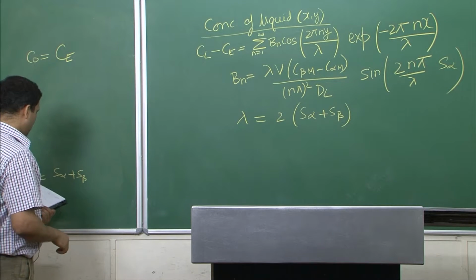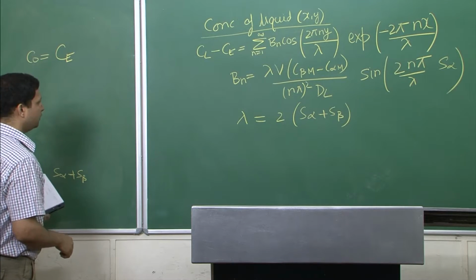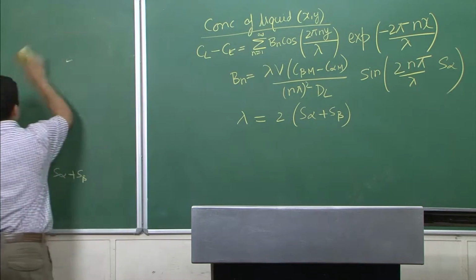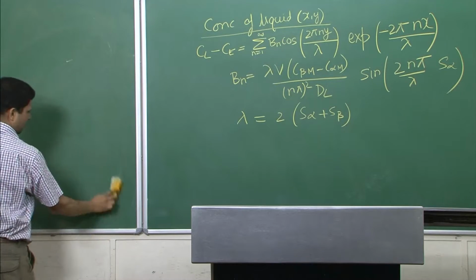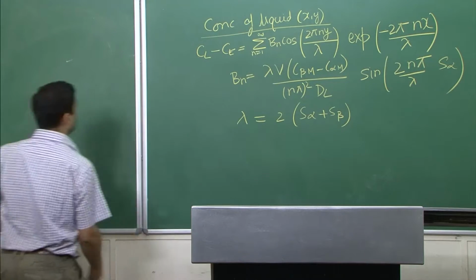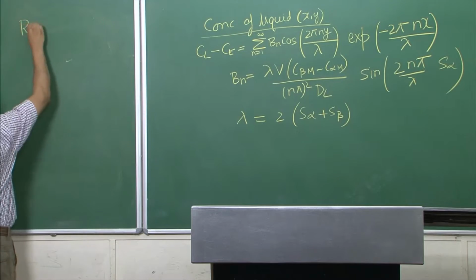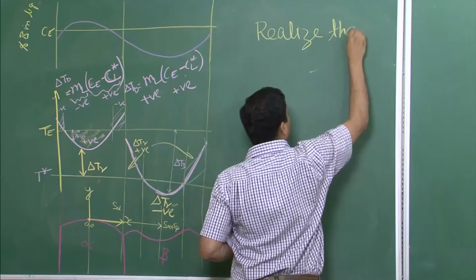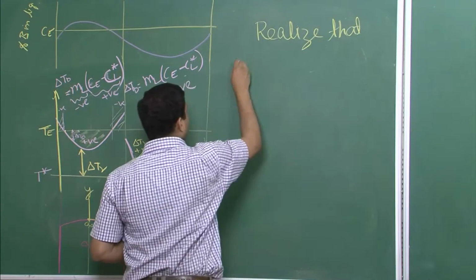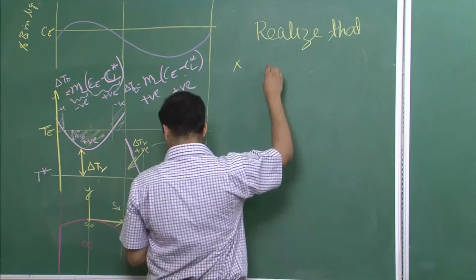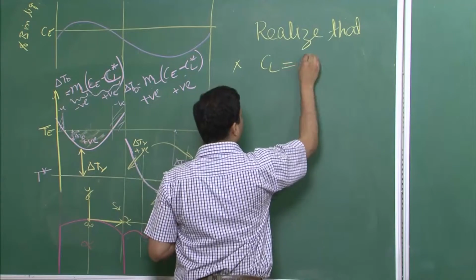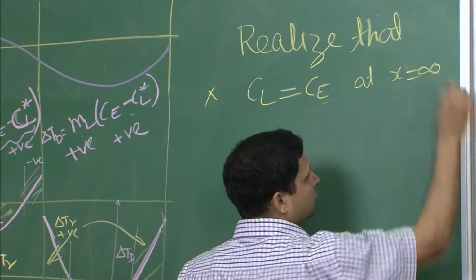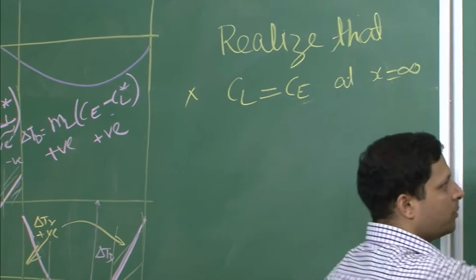So now, there are a few important facts that we must be aware of, so it will be useful to write them down. So realize that Cl is equal to Ce at x equal to infinity, which should be obvious from the equation now.